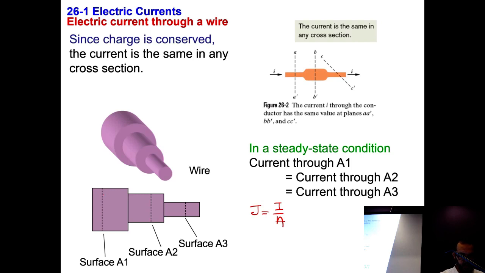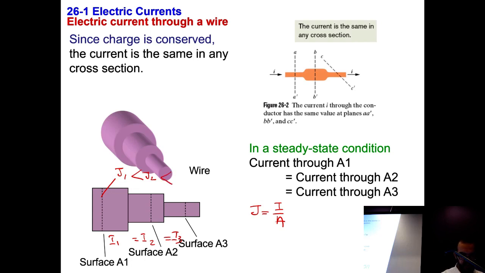Clearly, the current, let's call it I1, is equal to I2 is equal to I3. But if you take J1, which is current per unit area, the area here is larger, so this is smaller than J2. Here the current per unit area is larger because we have a smaller area, same current, smaller area.